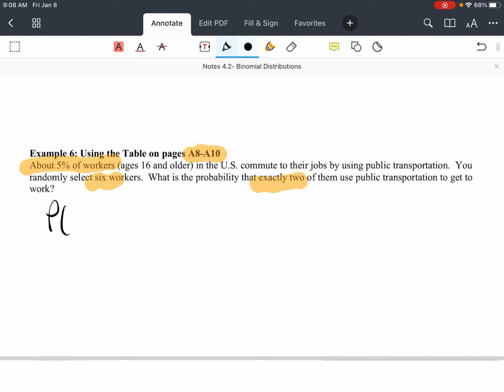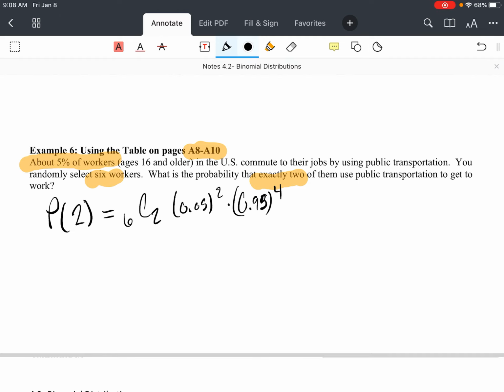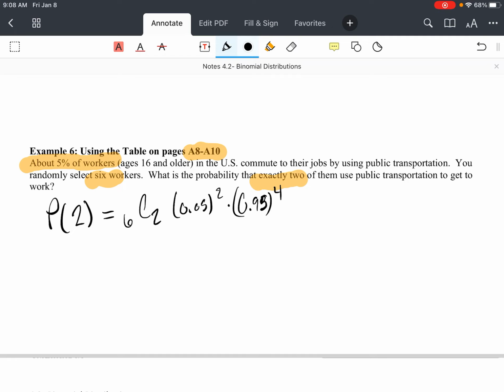Okay, and obviously we can use the probability formula here. So we could say the probability of exactly 2 is equal to 6 C 2 times the probability of success, 0.05, to the second power, times the probability of failure, 0.95, raised to the number of failures, and you get something here.